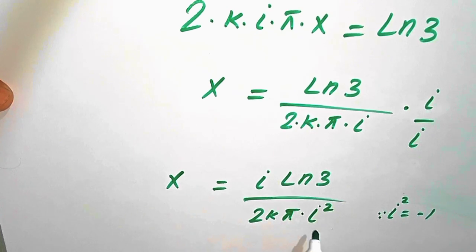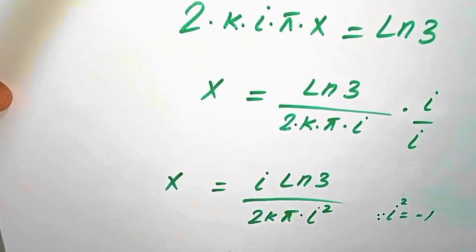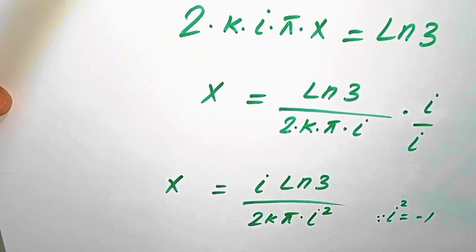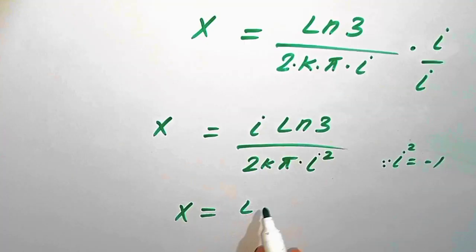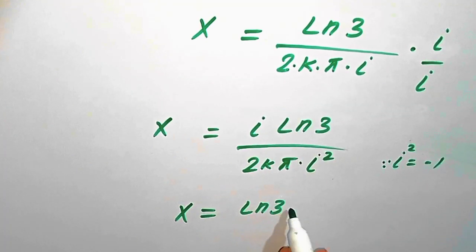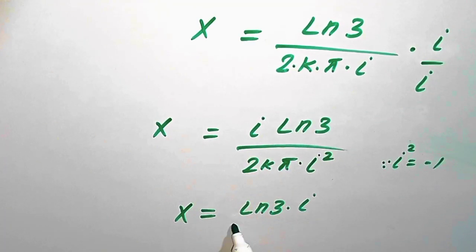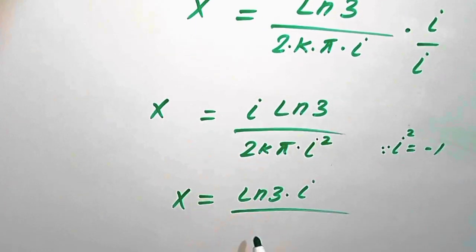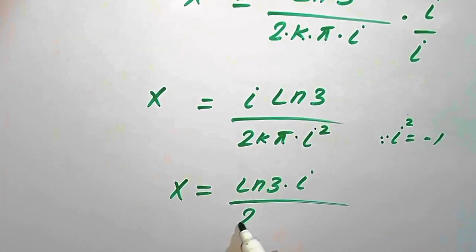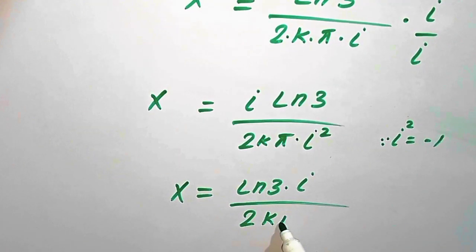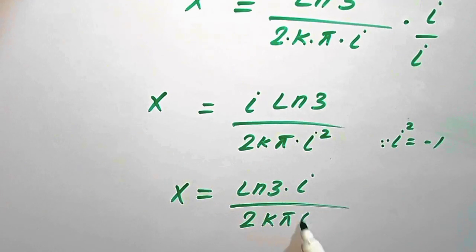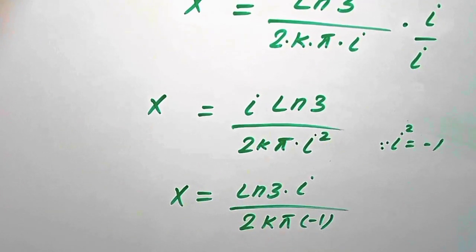So x is equal to ln 3 iota divided by 2k pi times minus 1.